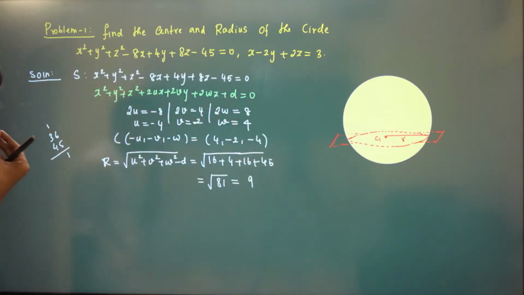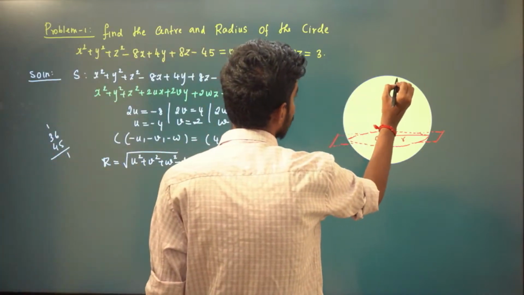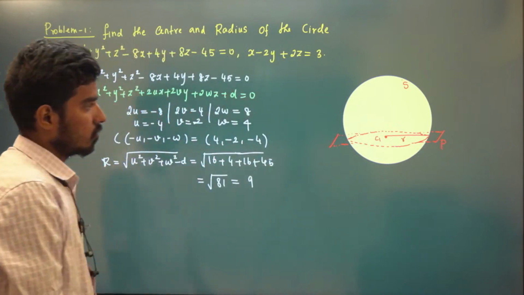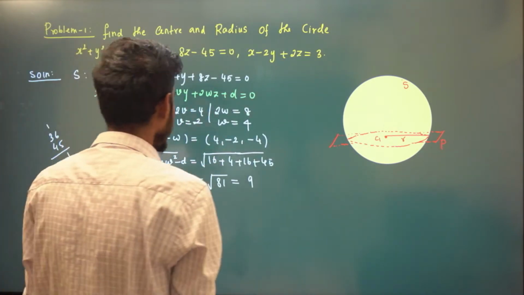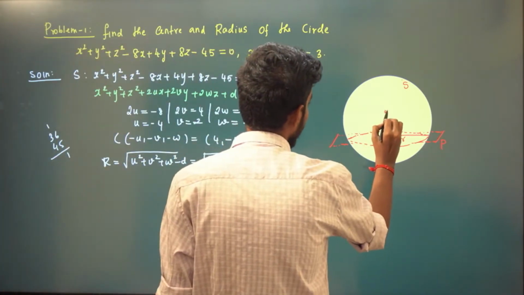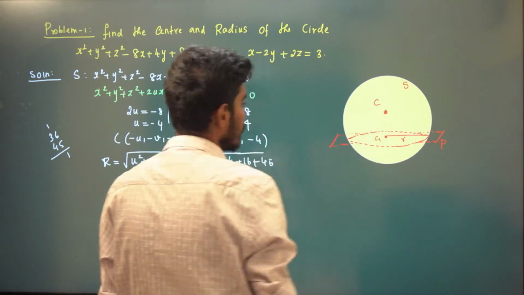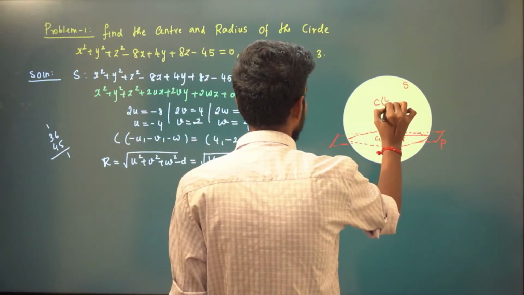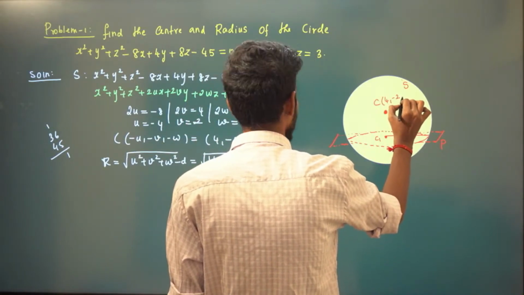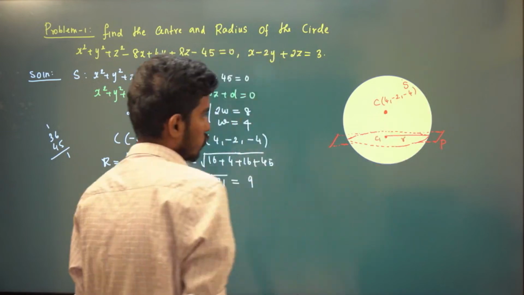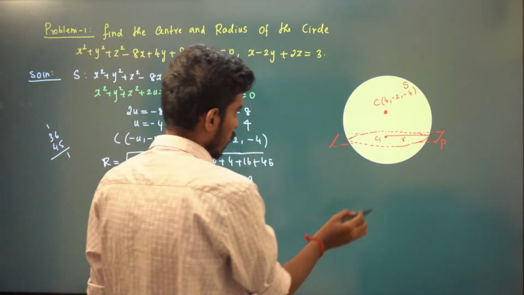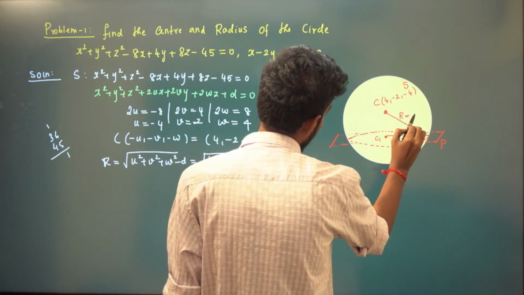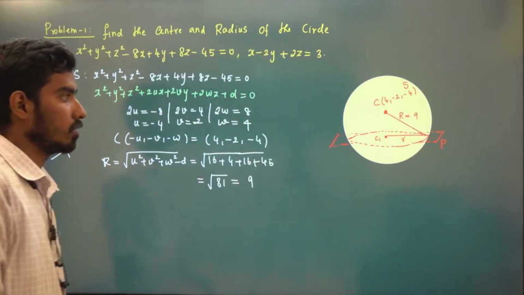Now we already know the center of the sphere, which is capital C, that is (4, −2, 4), and the radius of the sphere, capital R, which is 9.